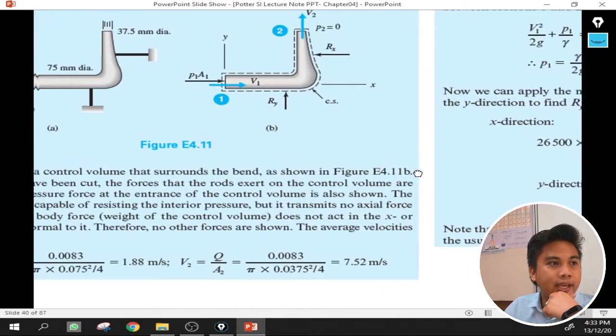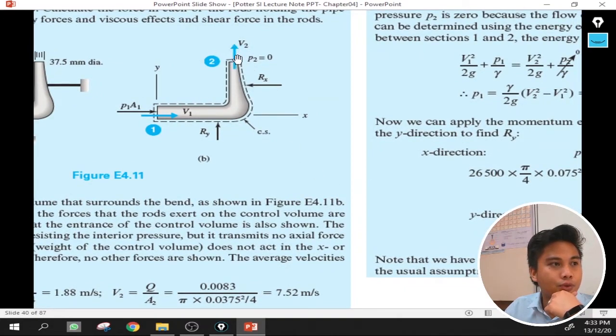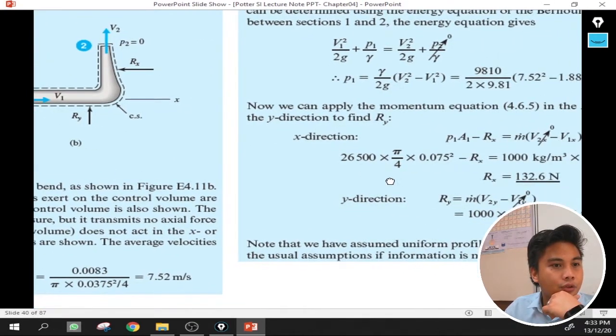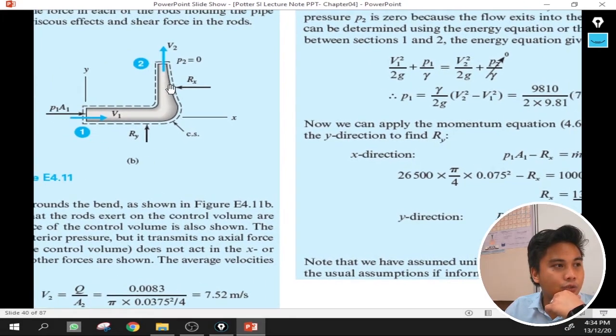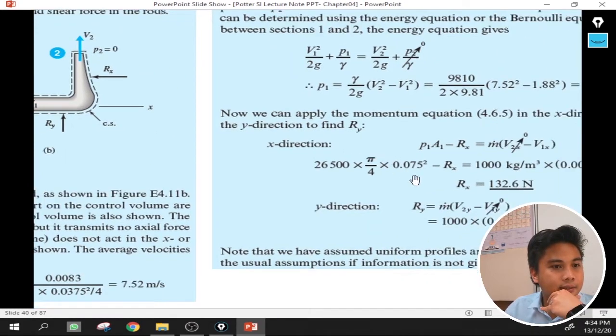For the Y direction, it is the same. We need to look at the Y component. The Y component is only at point number 2. There is no Y component at point number 1. So you can see Ry pointing upward. There is no force here, only the reaction force pointing upwards. So Ry is equal to m times V2y minus V1y.